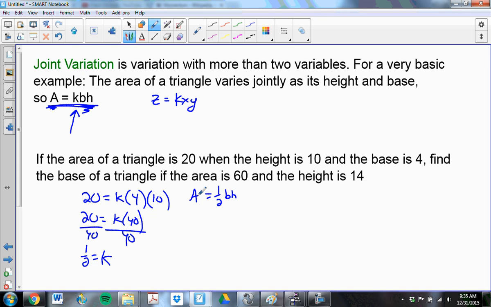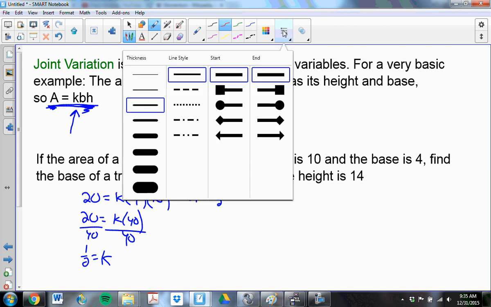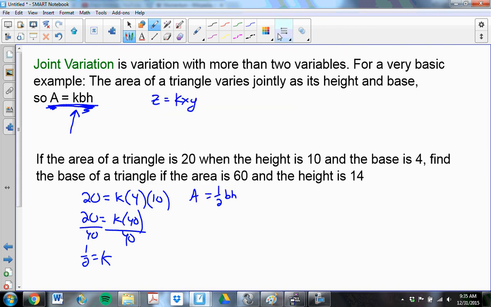So now it says, find the base of a triangle if the area is 60 and the height is 14. So we have A equals kbh. The area was 60. We know the k value is a half. The base we don't know, but the height was 14. I'll do 60.